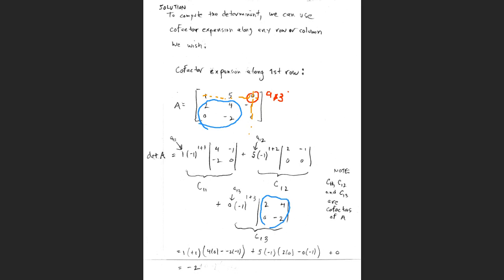And notice you have the A13 times the -1 to the 1 plus third power. And now you have your third cofactor. See that? So again, we're really following the definition of the determinant on page 167 in your textbook.